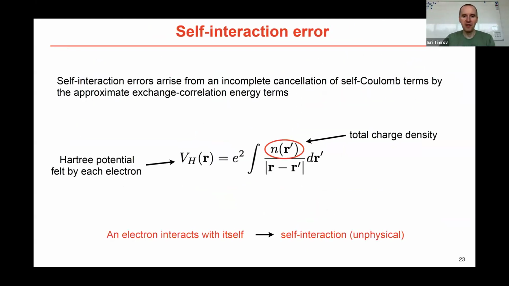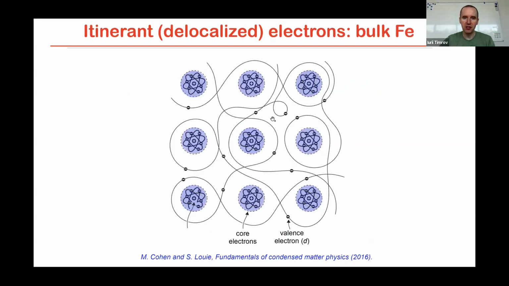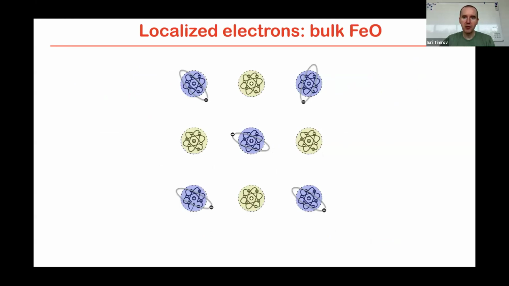This is exactly where we are going. Since in LDA and GGA there is self-interaction error, these electrons that are in nature localized become unphysically delocalized. As a consequence, they become metallic. But with the plus U correction, we can fix that problem. This is exactly where we are heading.